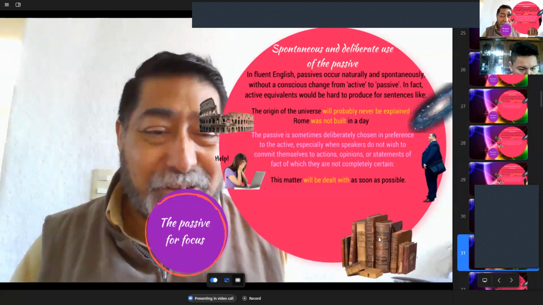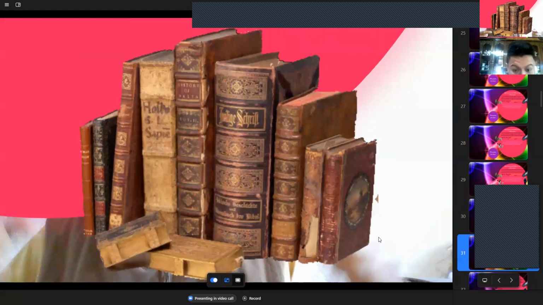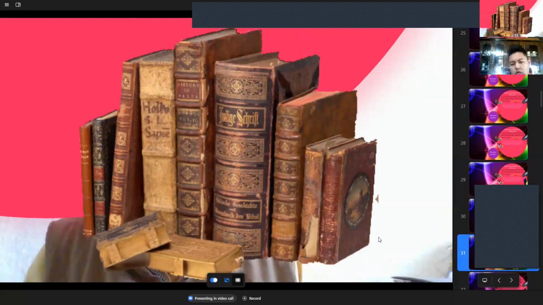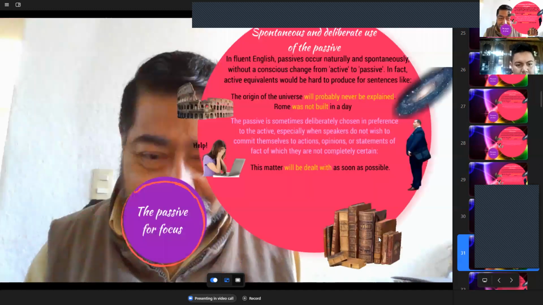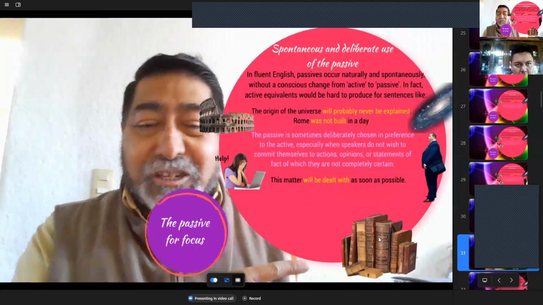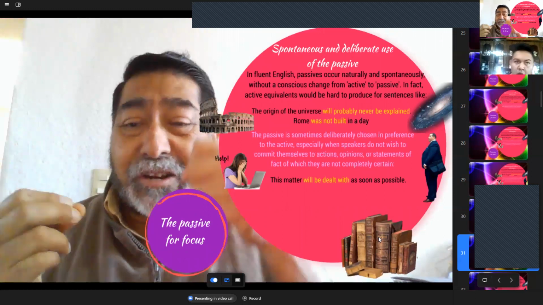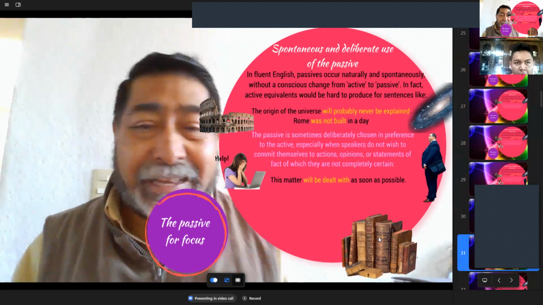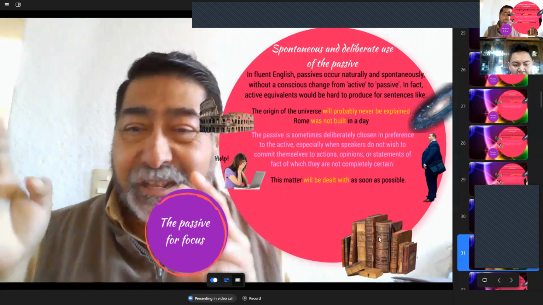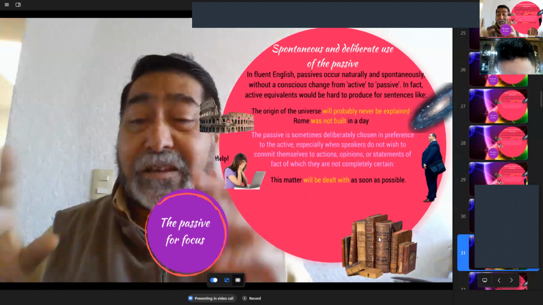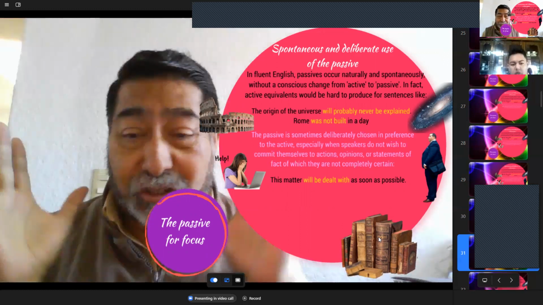Okay, here we have this other scenario. What are these? Books. These are books. Now, how many books do editorials or authors write every day? The editorials print books.